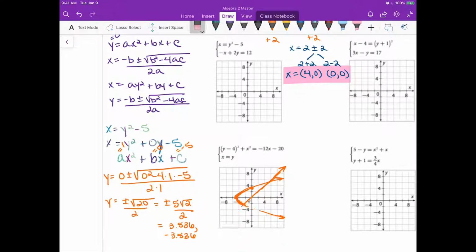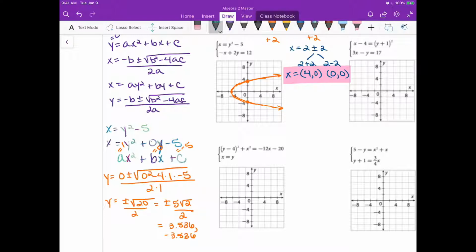I graphed my parabola on the wrong coordinate plane. So this comes out like this. This comes out like that.